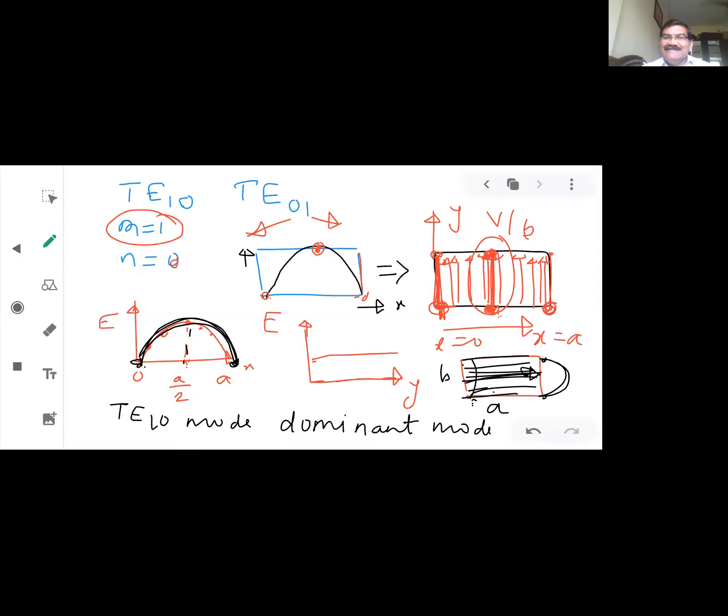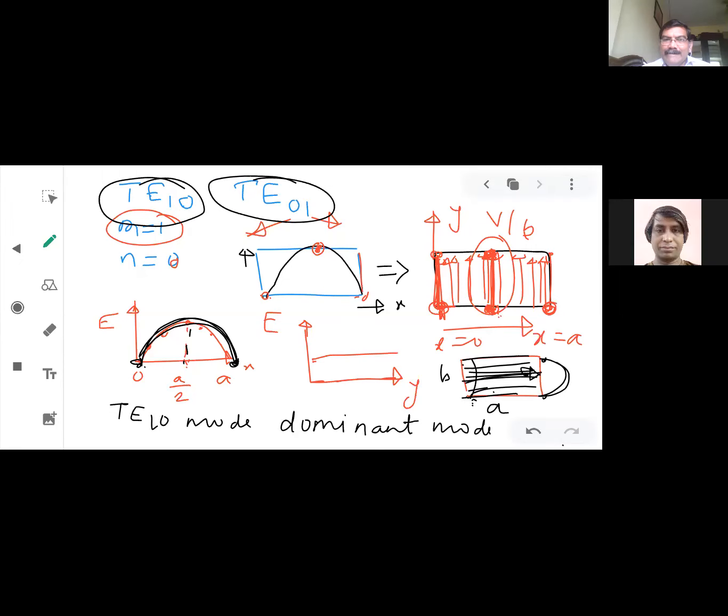But if you try for TE01 mode, then you will find that the wavelength is smaller than the wavelength which you will get in TE10 mode. That's why TE10 is dominant mode, not TE01. Any mode for which the wavelength is largest and still there is propagation of power from one end to the other end is called the dominant mode.